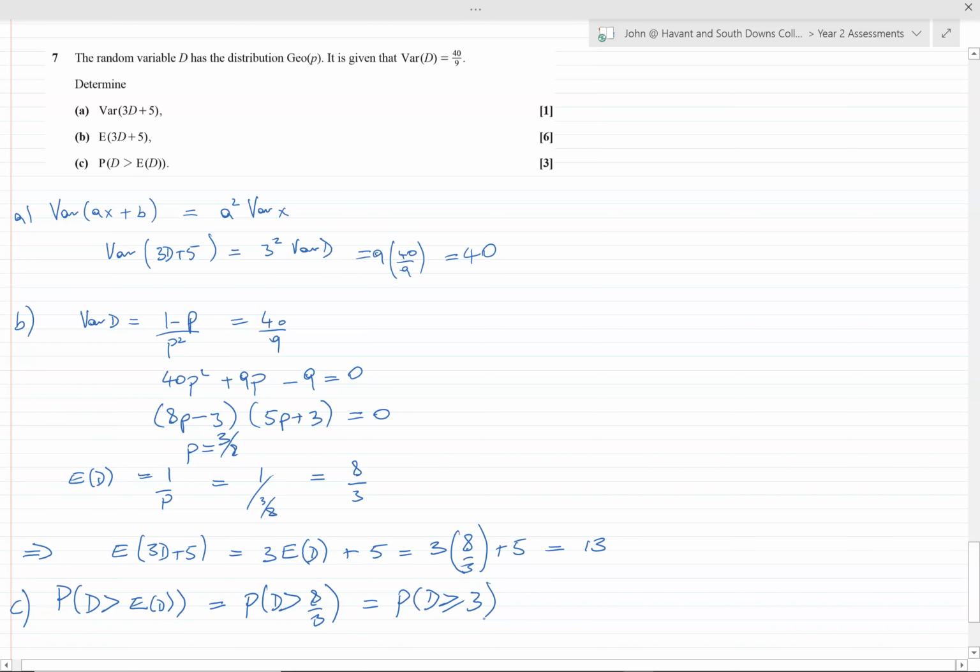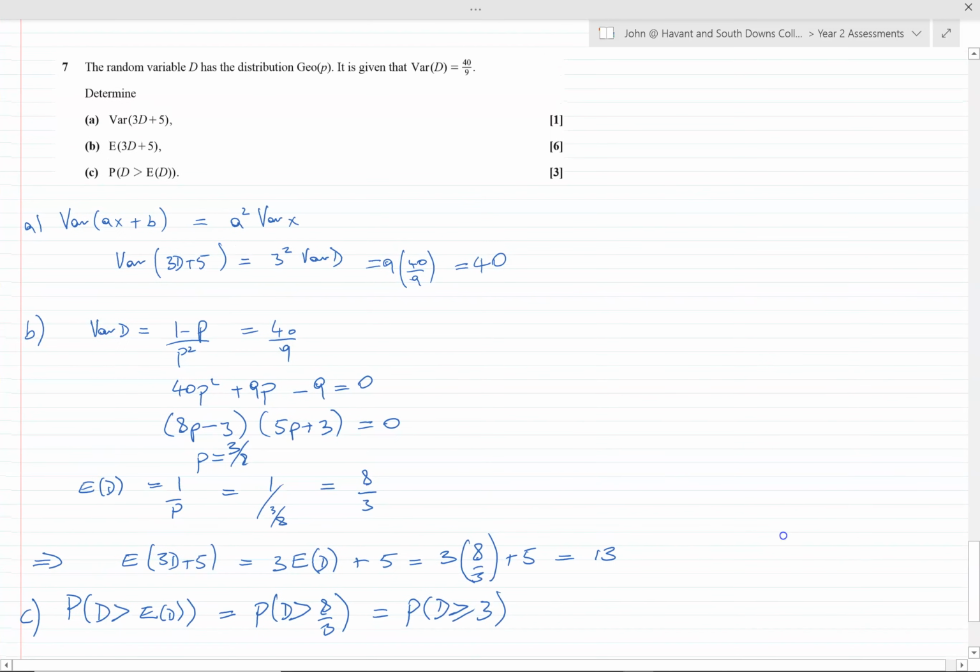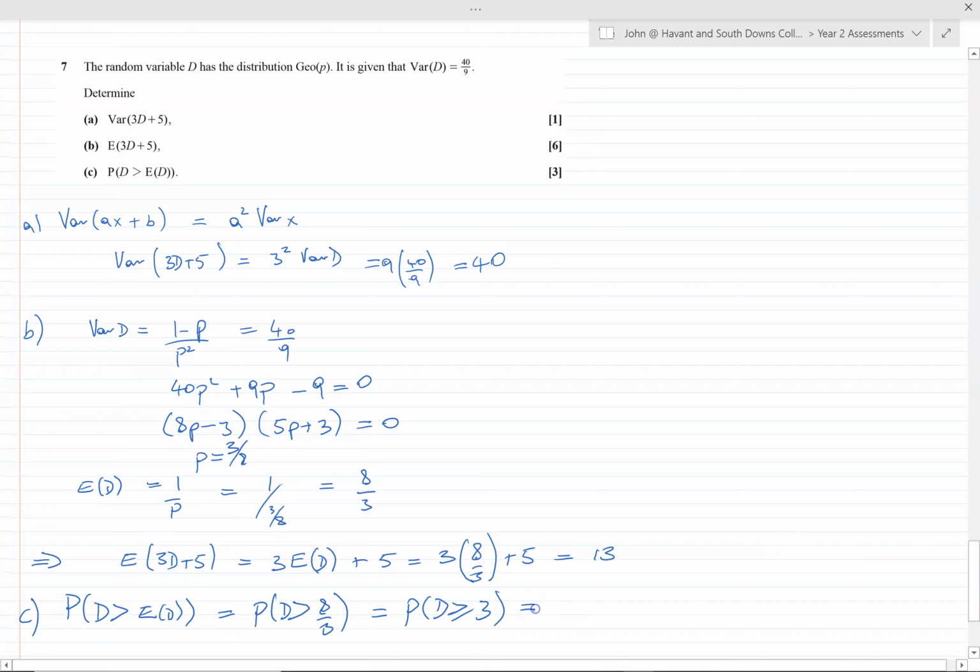Now, it's geometric, so in order for d to be greater than or equal to 3, all we require, and this is intuitive, we don't need to use the formula for the geometric series or anything like that, all we really require is that for the first 2 of them, it doesn't happen. So the probability of it happening is 3/8, so we need the probability 5/8 that it doesn't happen.